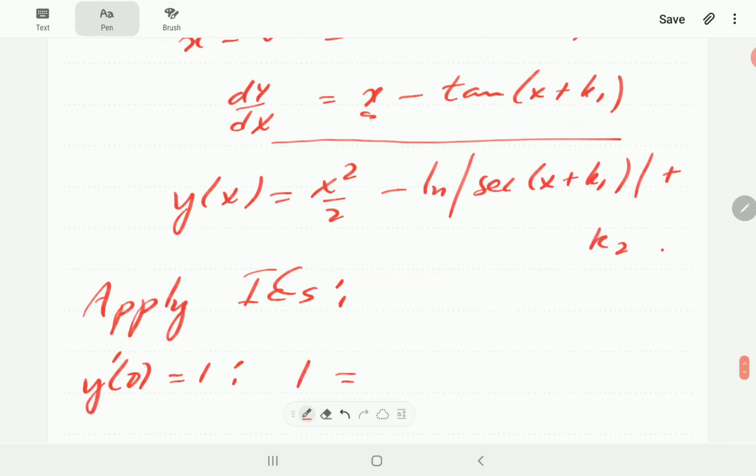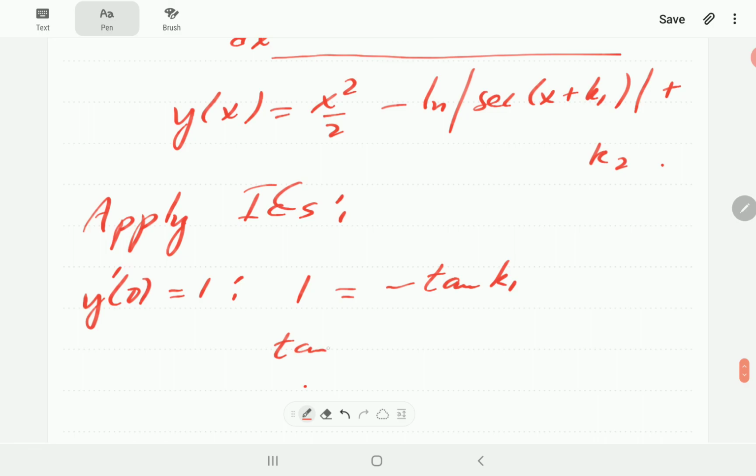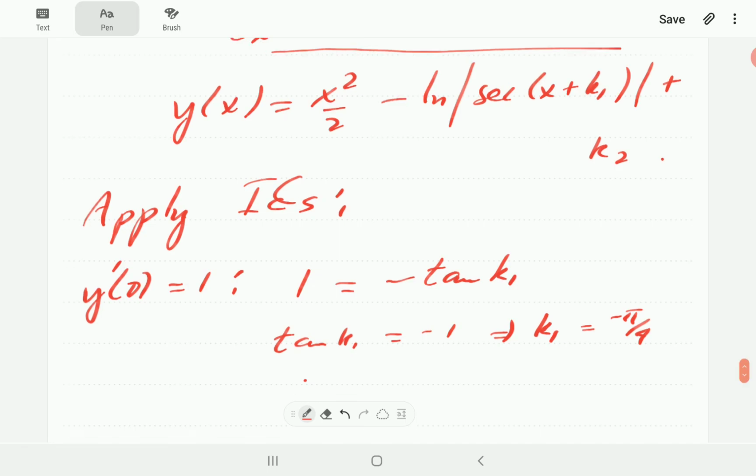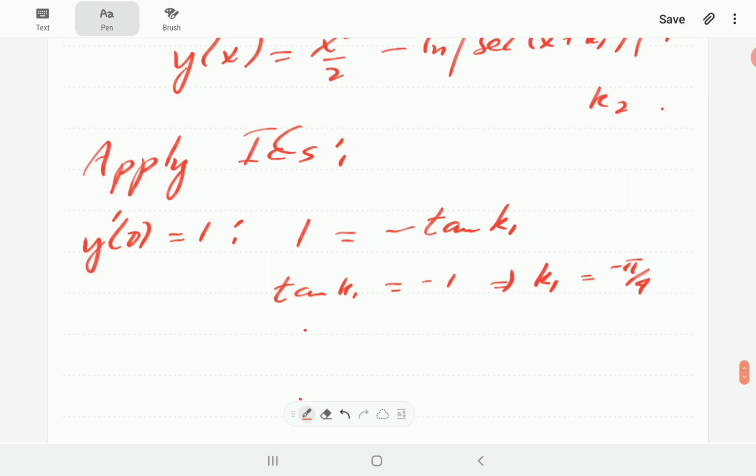Plugging x is 0, that disappears, so that's going to be negative tan of k1. So this is telling us that tan of k1 is negative 1. Trigonometric equations: this is telling us that k1 must be negative pi on 4. Tan of negative pi on 4 is negative 1. So we have got k1.